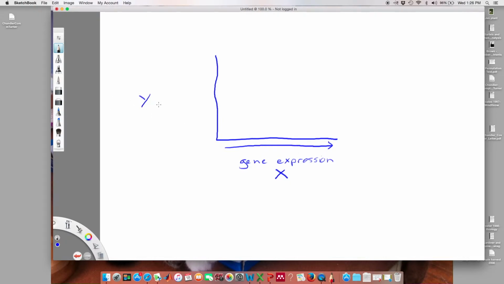And my dependent variable is cancer or no cancer. All right. And let's say we get a curve something like that.